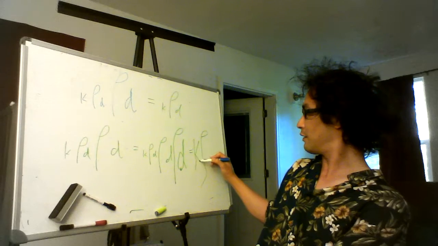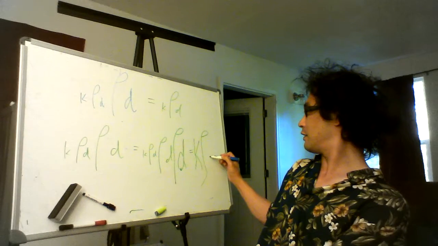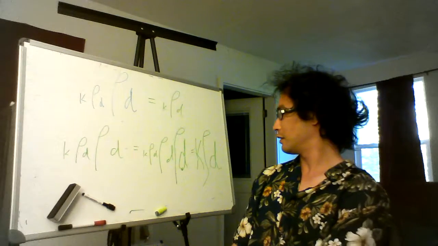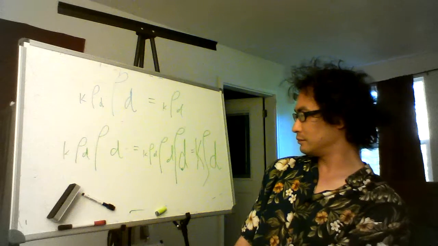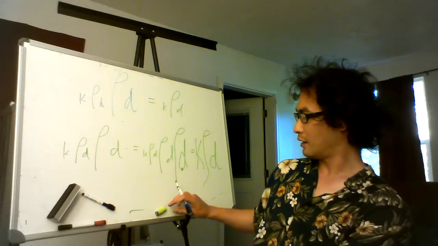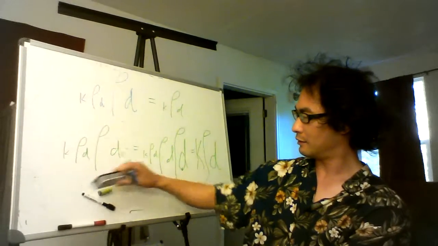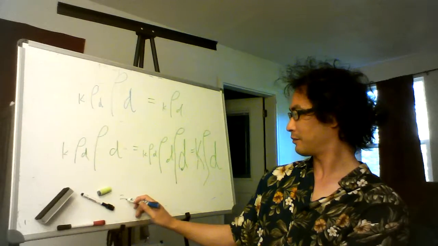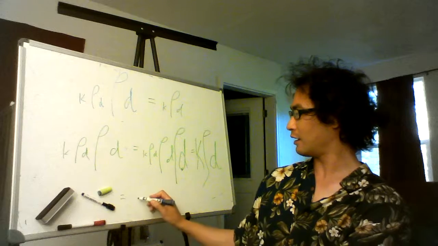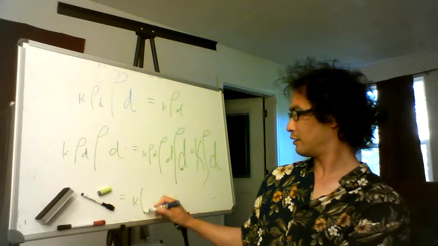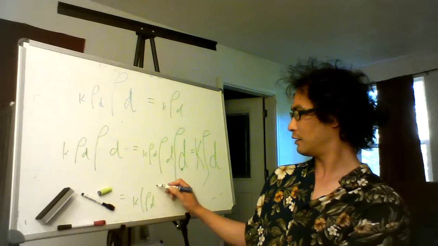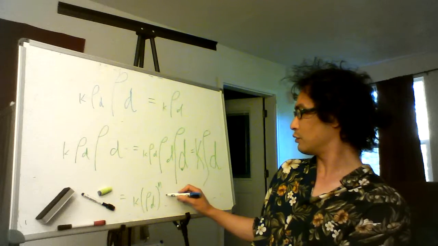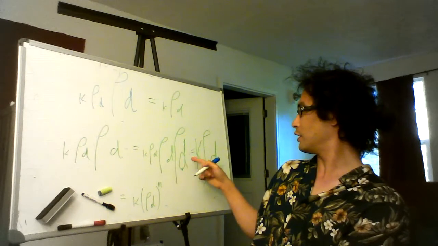K, and then D. To generalize, K rho D to the nth is always equal to rho D, rho D, rho D, blah blah blah.